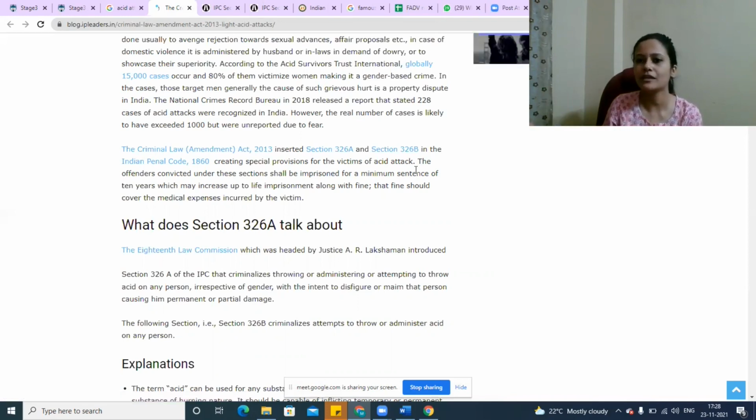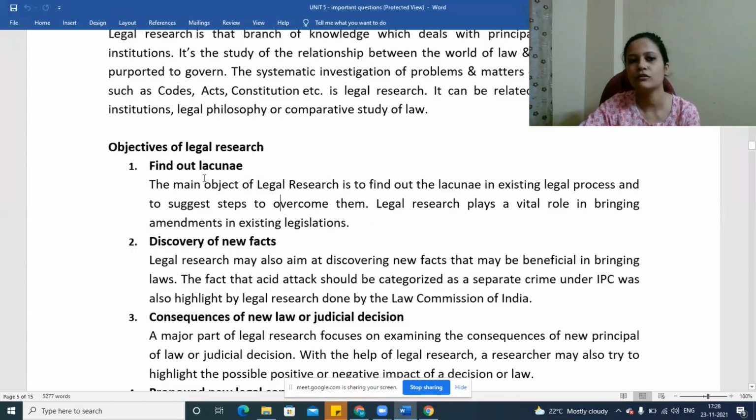Then some obligations were given to different government bodies, such as generating awareness amongst people relating to these matters. This is trying to fill the gap, trying to address the problems in an existing legislation.